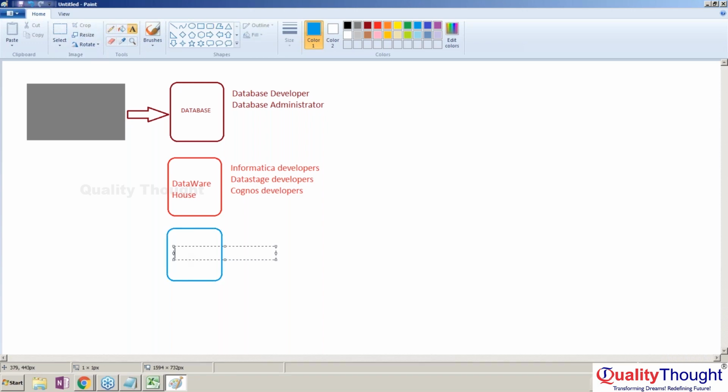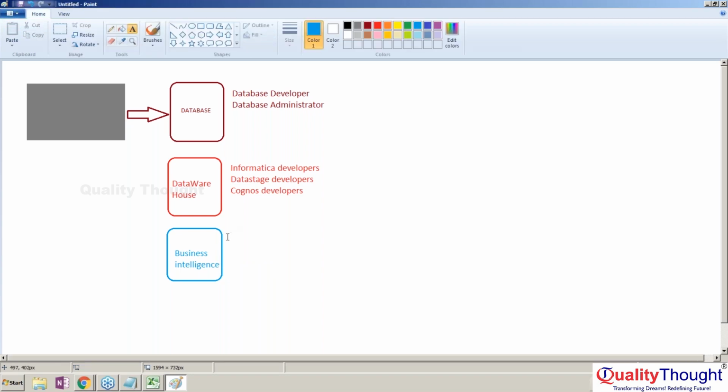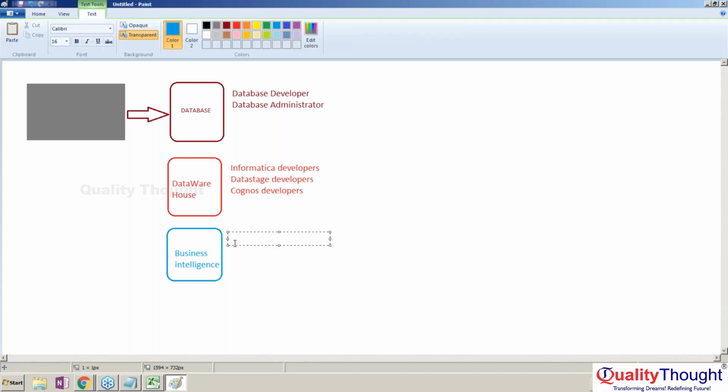I'm talking about BI, business intelligence. So why are these people required? All the data analysis will be done by these business intelligence people, with some application of statistics and statistical analysis.